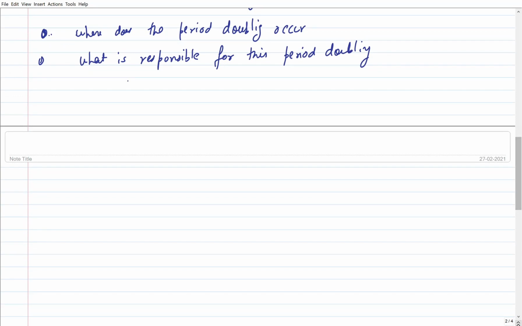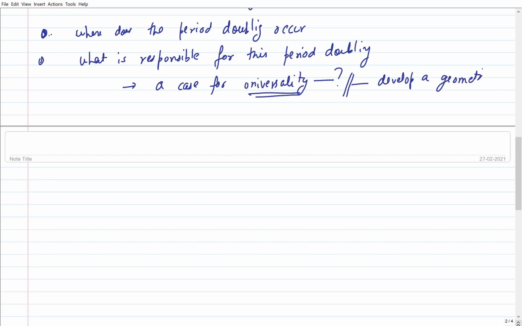Let me just write it as a case for universality. We said that qualitatively speaking, any map with a hump shape will have such a behavior. For showing this sort of universality, we need to at least develop a geometric understanding of the problem.